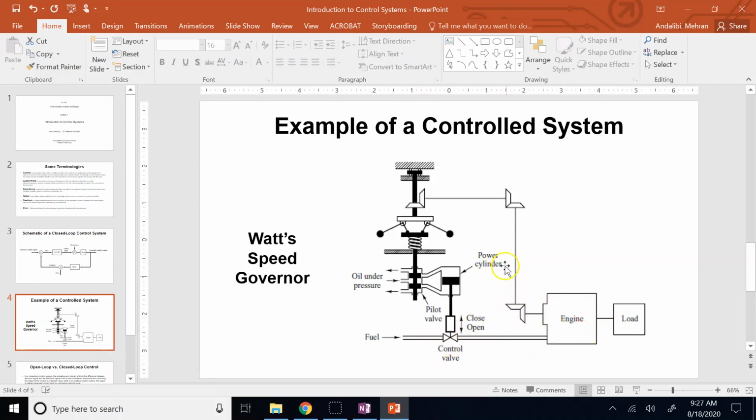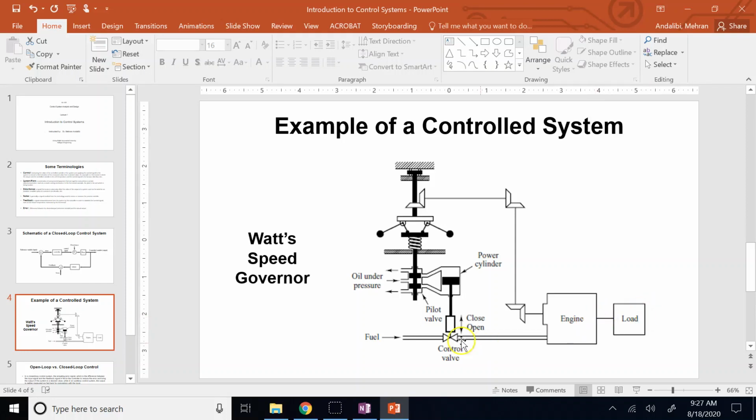You're not measuring the RPM, you just open this valve and change it until the amount of fuel going into the engine is sufficient to give you the exact RPM that you want for the load. So you're doing basically a blind or open loop control, fine tuning basically.